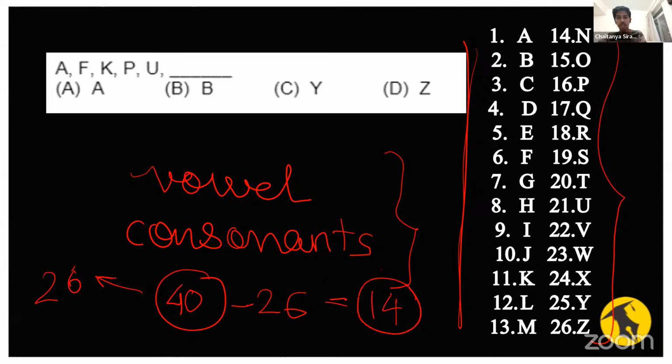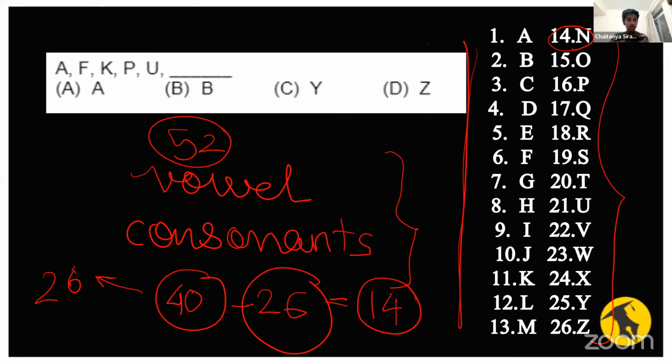So in this case, 40 is represented by N. A simple way to find the corresponding letter is just to subtract 26 from that number. If the number is greater than 52, then subtract 26 twice. So you can easily relate those numbers with your alphabets.